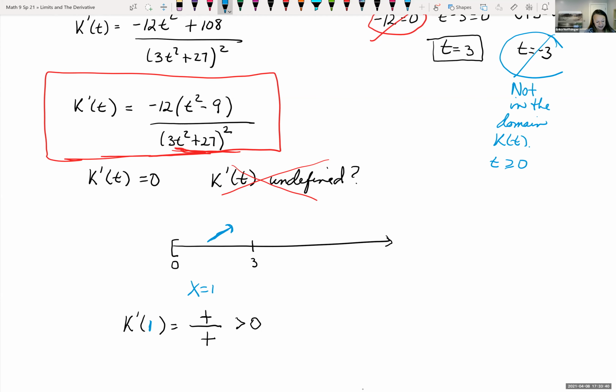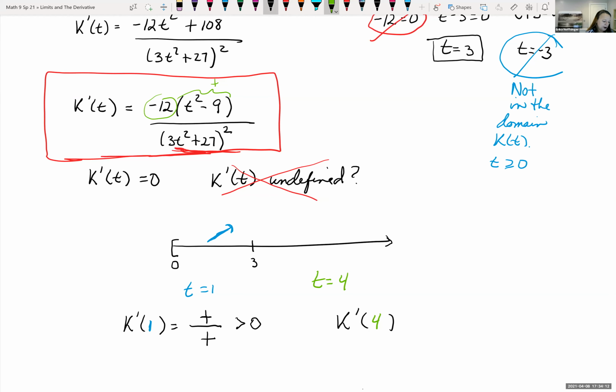My guess is it's less than that after 3, but let's just show it. So let's choose something that's bigger than 3. How about t equals, it should be t, I put x over here, but this was really t equals time. So if I plug in 4, squared is 16, 16 minus 9, that's going to be positive times this negative 12 out front.